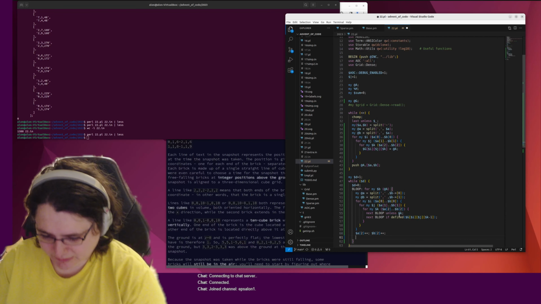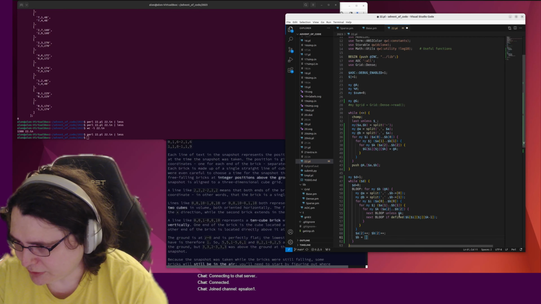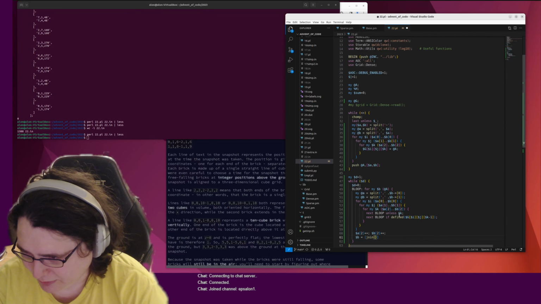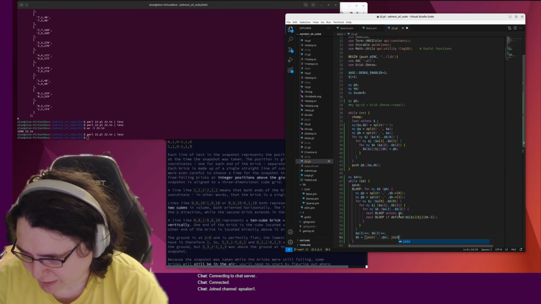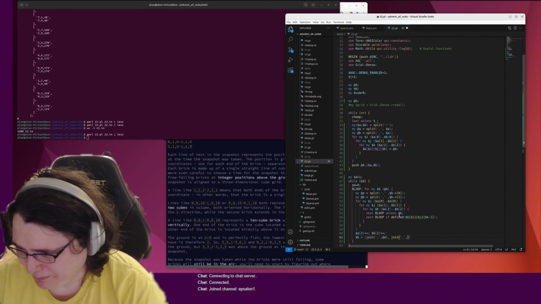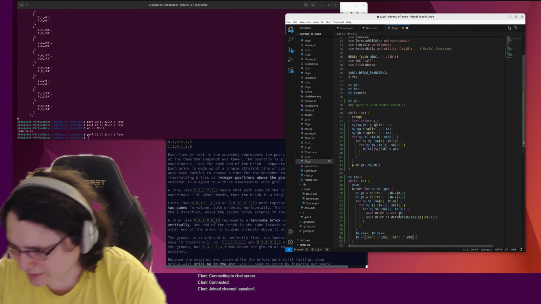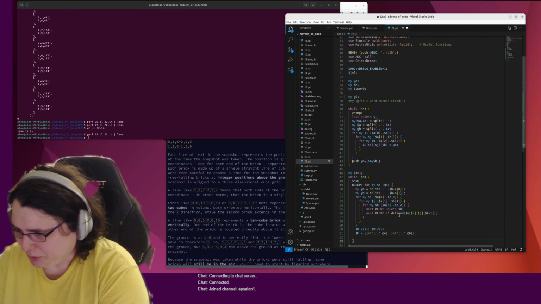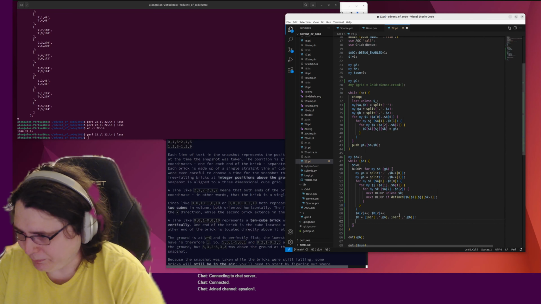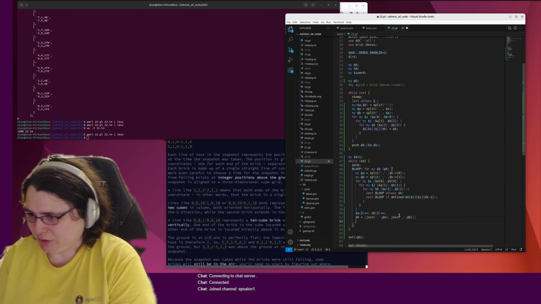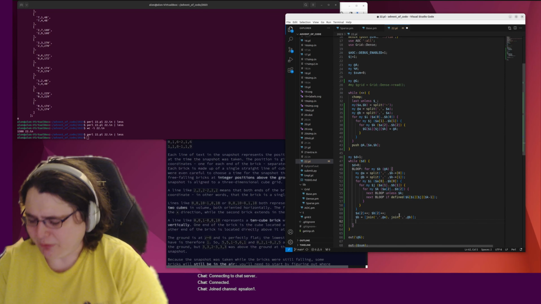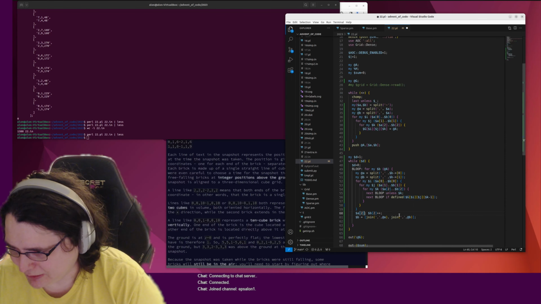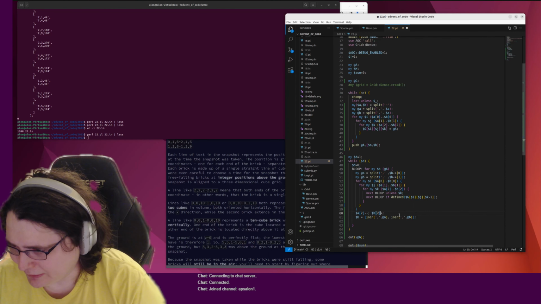So b equals join comma a, comma, join comma b. This is ridiculous, but I think it would work. So that will put it back in the original array with the new location. And when I say plus plus, I mean minus minus, of course, because the z is going down.